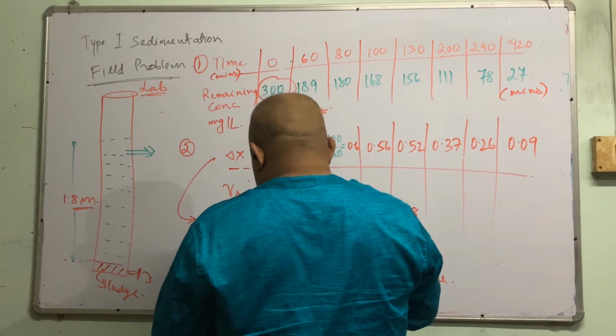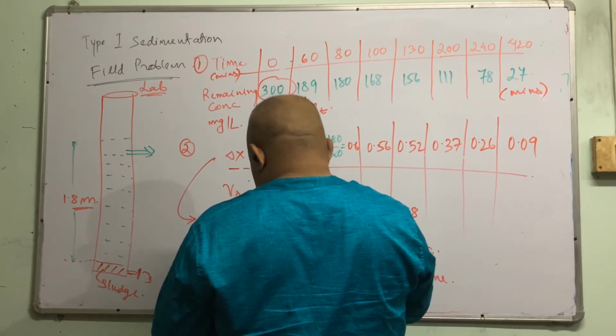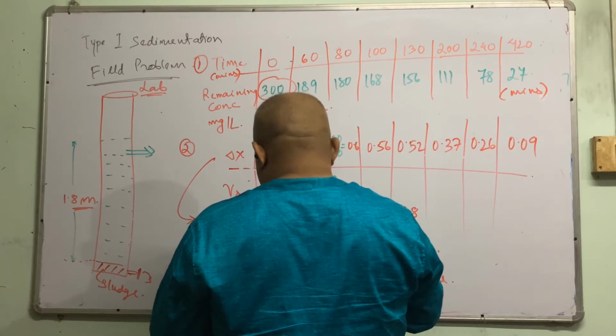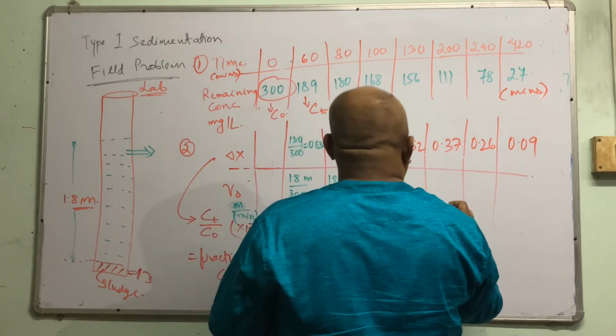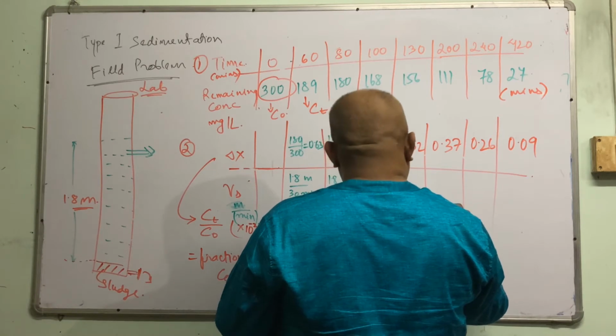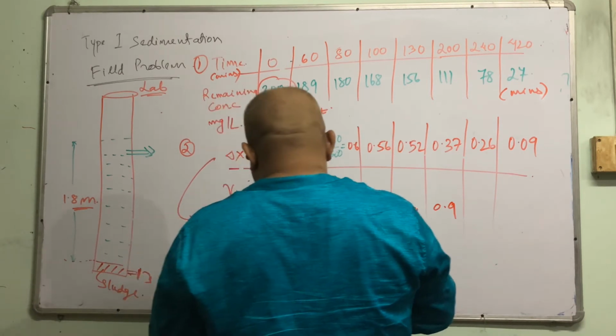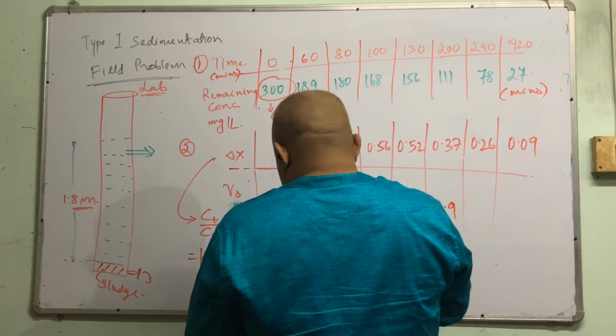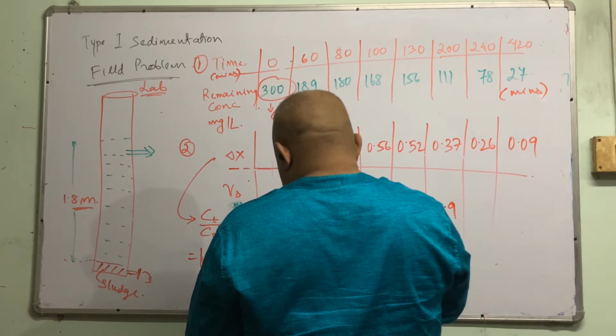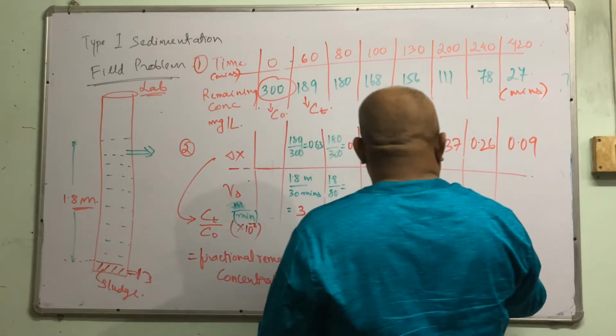Okay, this is distance by time. This is 1.9, this is 0.9, and this is by time, 0.75.